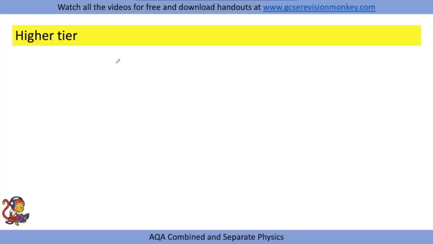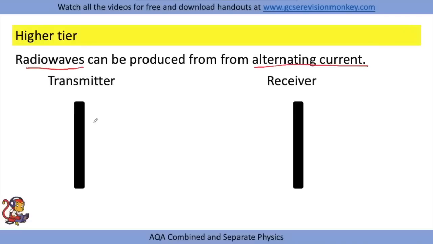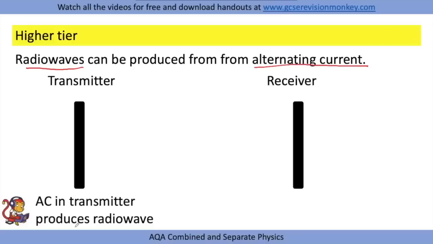For higher tier, you need to know a little bit more about how radio waves are transmitted. So for TV and radio communications, radio waves can be produced from alternating current. To be able to watch the TV or listen to the radio when it is communicated via radio waves, you have a transmitter and a receiver. The transmitter will produce a radio wave.